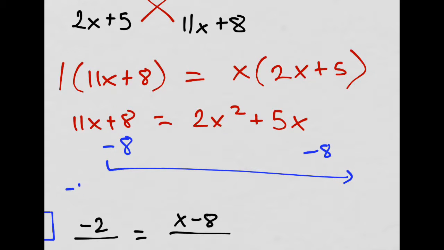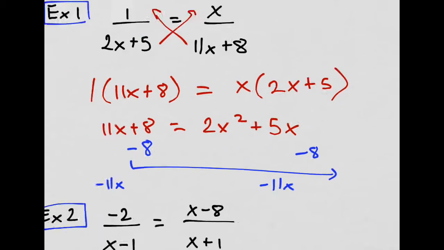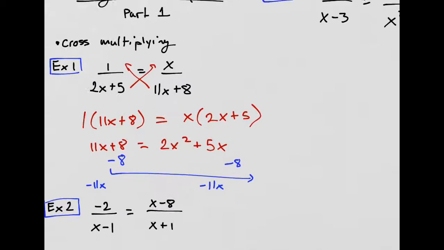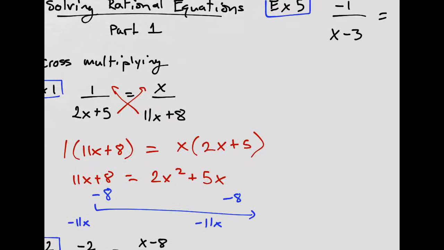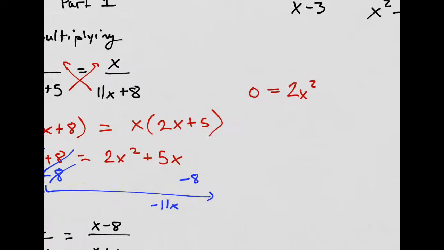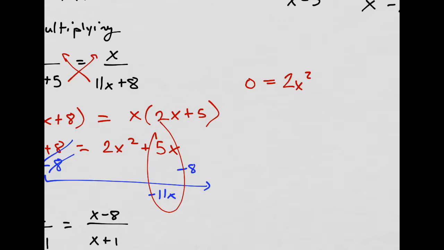And then also subtract 11x over to the other side. There are like terms for this one, right? So what I actually have is, those go away. Those go away. So I have 0 on the left side and 2x squared minus 6x minus 8.